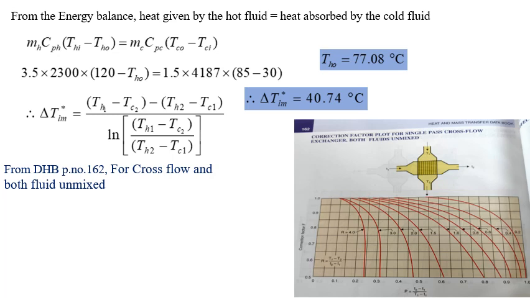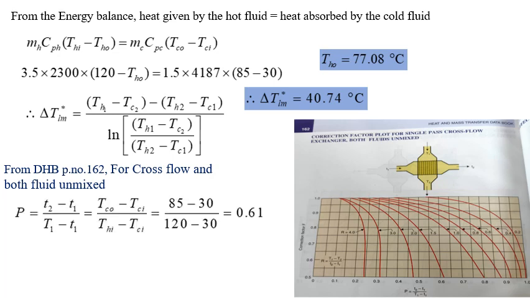In order to calculate the values of P and R, P is equal to small t2 minus t1, that is the outlet temperature of cold fluid minus the inlet temperature of cold fluid, divided by the inlet temperature of hot fluid minus the inlet temperature of cold fluid. Okay, so all the values are known, so you get 0.61.